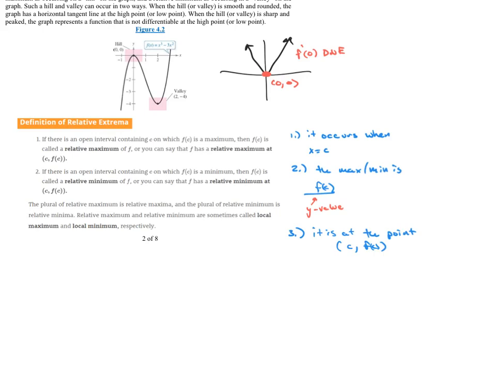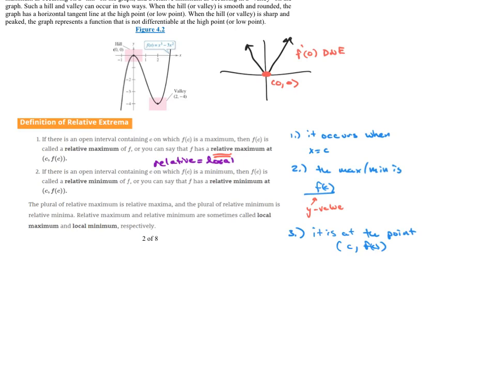I also do want to let you know that they use the term relative. Relative is the same thing as local. So if you see anyone say find the relative extrema or find the local extrema, they're saying to find the same thing. Don't worry about that. They give you the exact same definition with the relative minimum, just saying it's the lowest point.